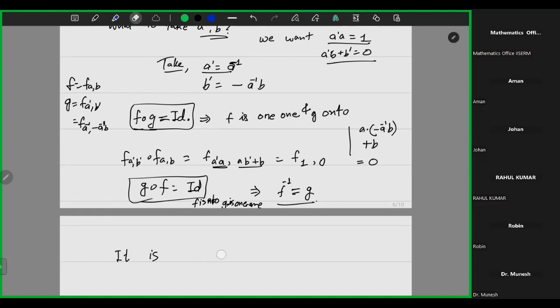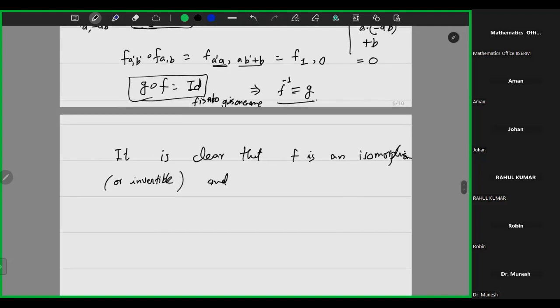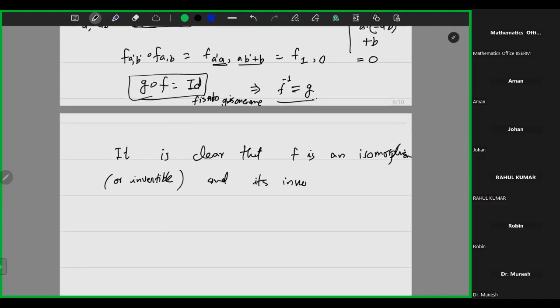It is clear that F is an isomorphism, or say invertible, and its inverse FAB inverse is F A inverse minus A inverse B, right?